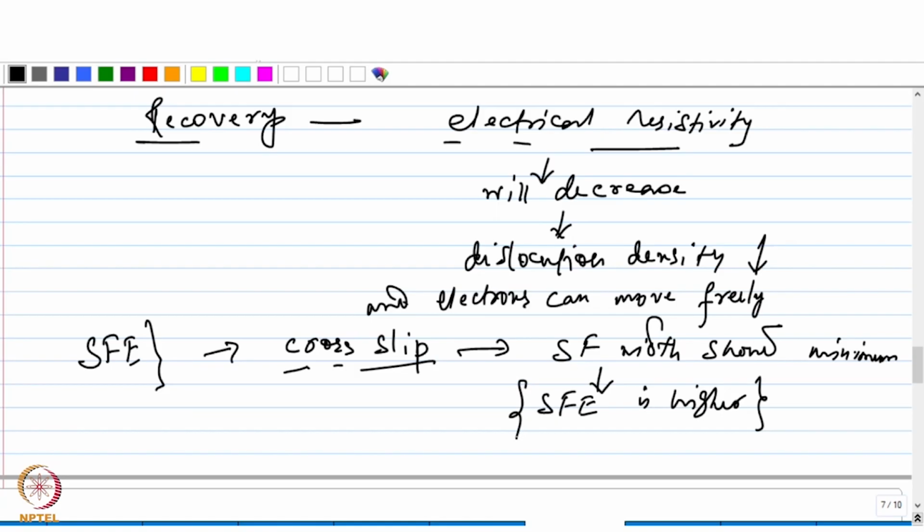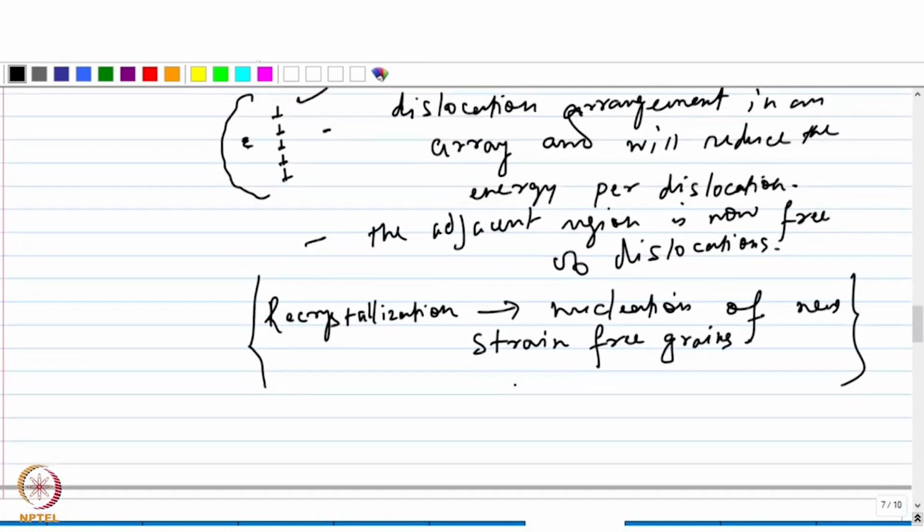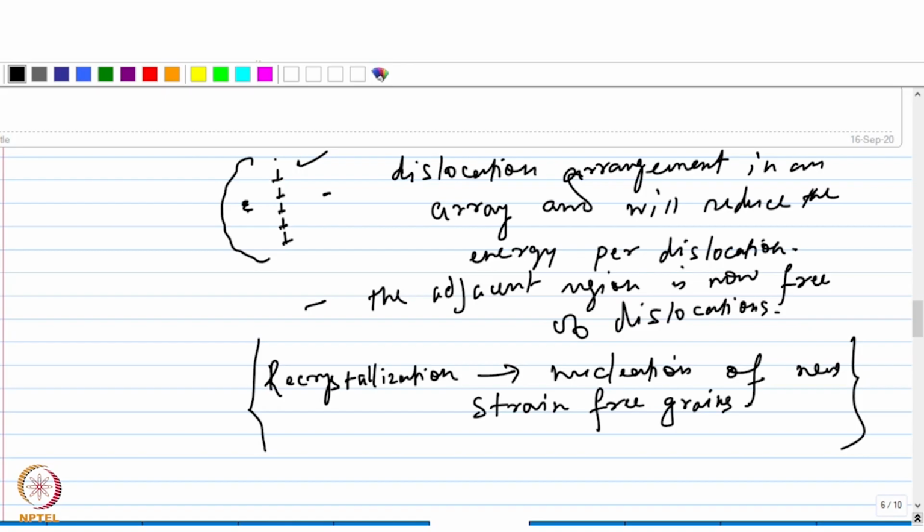And for materials having higher stacking fault energy, dislocations can easily cross slip and move over other intersecting slip planes also, right? So having a higher stacking fault energy means it is easier to move the dislocations through the lattice of such materials, okay? And therefore, the tendency for the recovery is going to be higher, because dislocations can now move and go to these kinds of regions and arrange themselves in these kinds of arrays, okay?